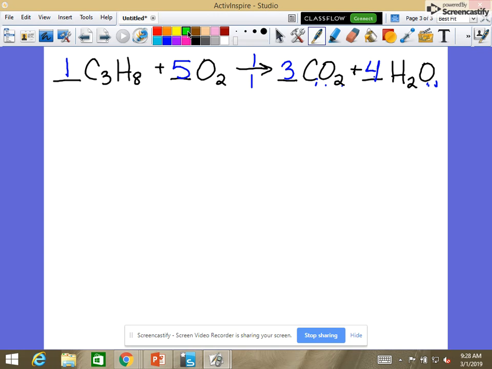First, I'm going to write the moles of the given, which was given to me in the problem, which is 10.0 moles of C3H8. I'm going to go ahead and show where my unknown is because I need to know what mole-to-mole ratio to use.